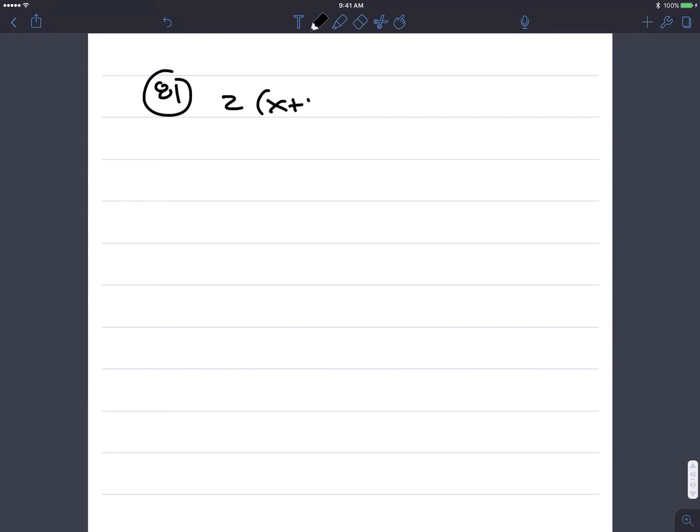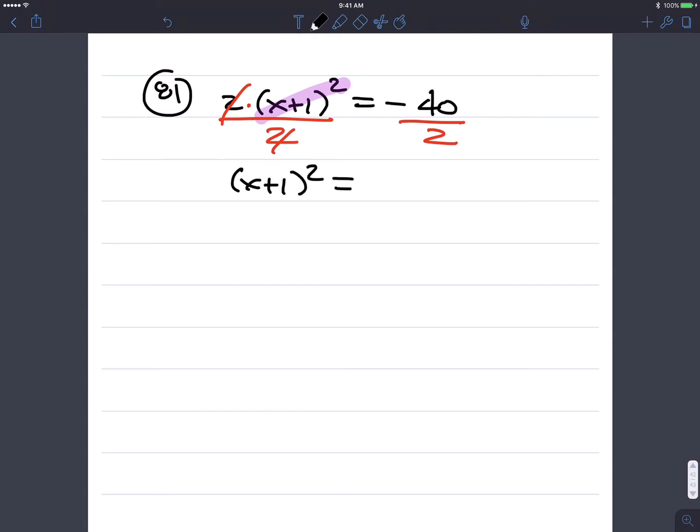81: 2(x + 1)² = −40. We're going to solve for (x + 1)². In order to do that, divide both sides by positive 2, and you end up getting (x + 1)² being negative 20. By the square root formula, x + 1 is plus or minus square root of negative 20.